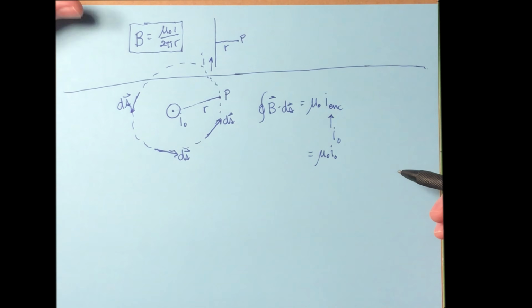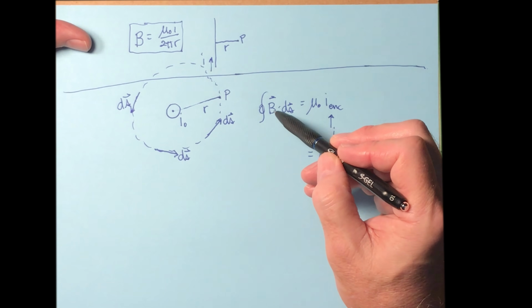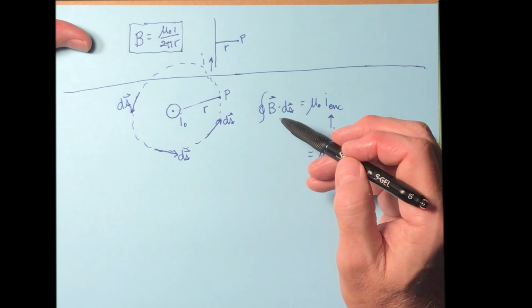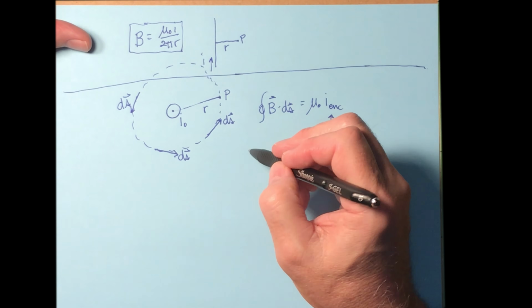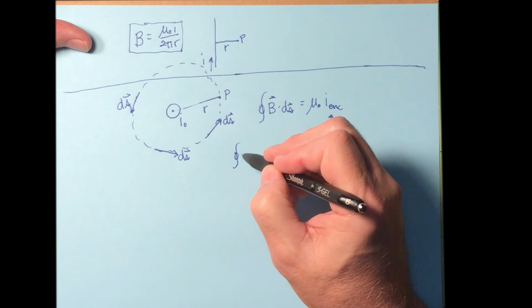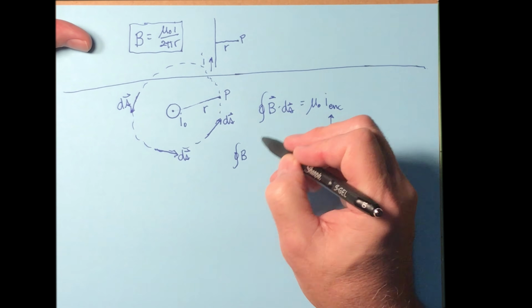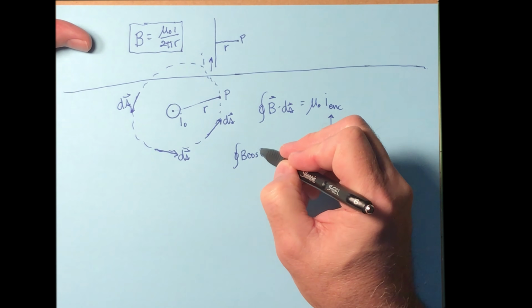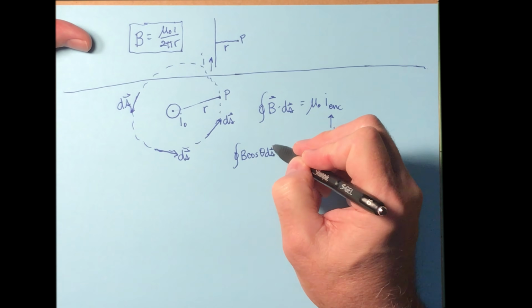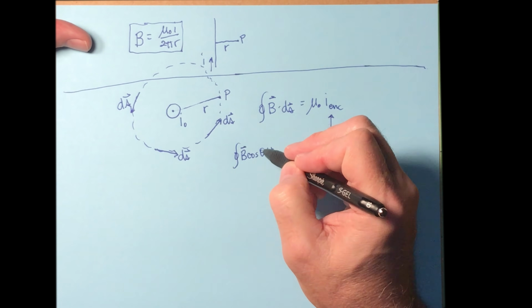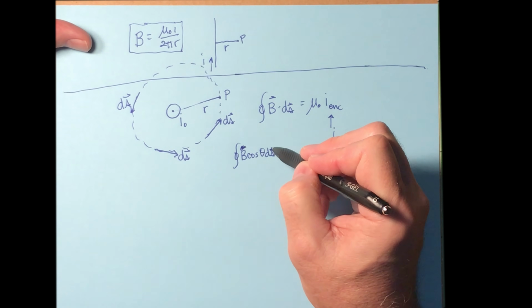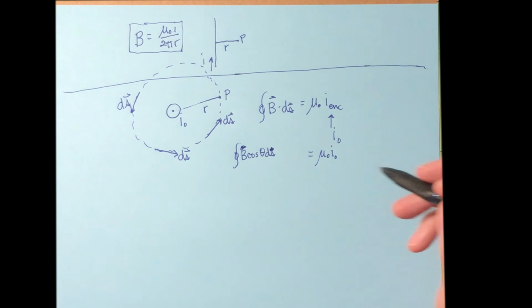Now we're ready to do the left-hand side. The left-hand side is a dot product, so let's go ahead and break up the dot product. It's still a closed loop, B cosine theta times ds. Now I can get rid of those vector signs, since I've made the dot product.